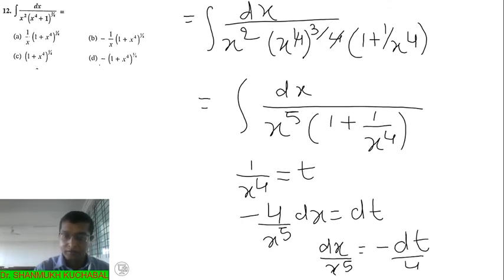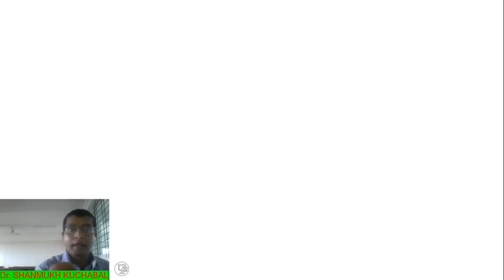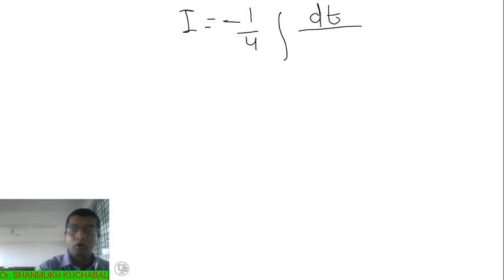So the value of t and the value of dx upon x raised to 5, we have to substitute in this equation. So we get integration I equal to minus 1 by 4 integration dt divided by 1 plus t raised to 3 by 4.